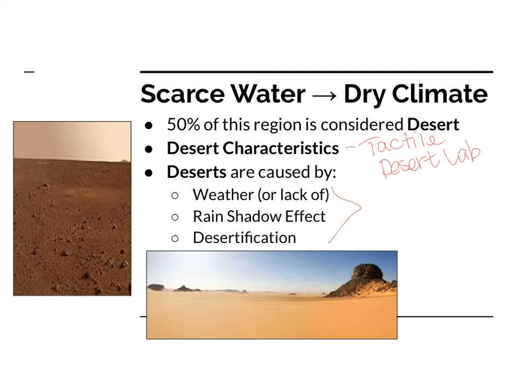And then deserts are caused by the three main things that you specified in your desert graphic organizer. The weather or the lack of weather, meaning it doesn't get rain, it doesn't get any precipitation. We looked at, if you'll remember, the wind map.